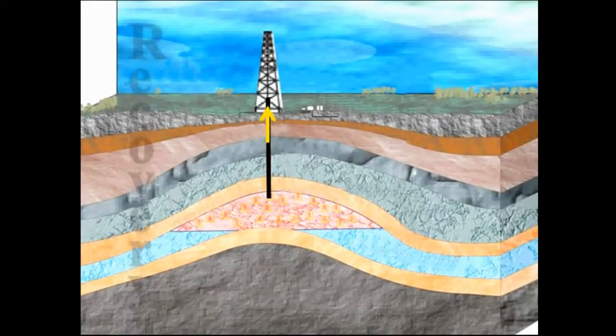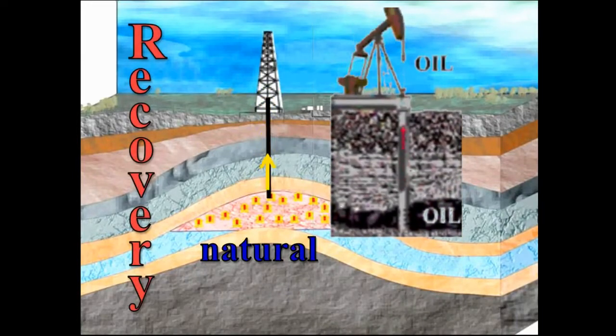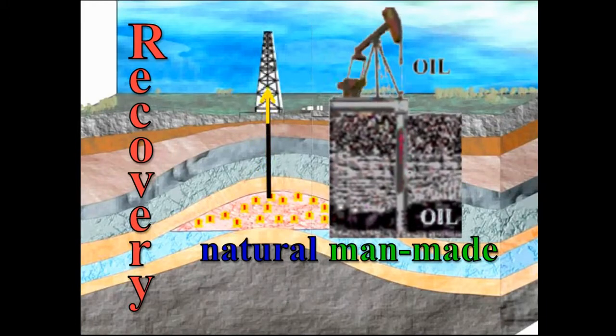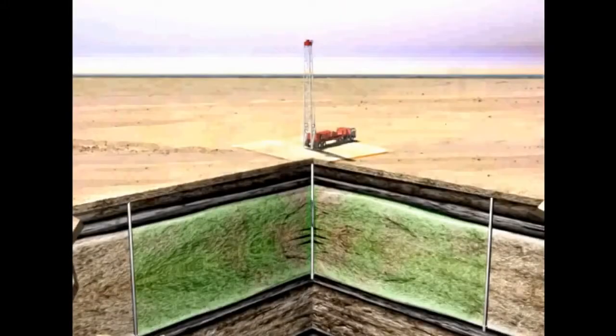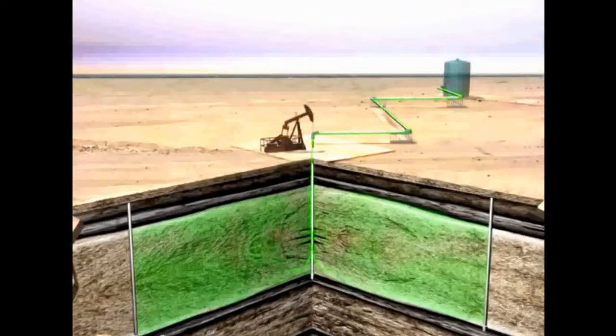In other words, the term recovery is used to describe any and all methods using either natural or man-made energy sources that force the oil and gas to the surface in a controlled flow that can be captured.